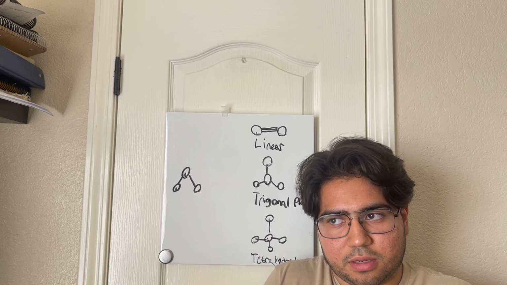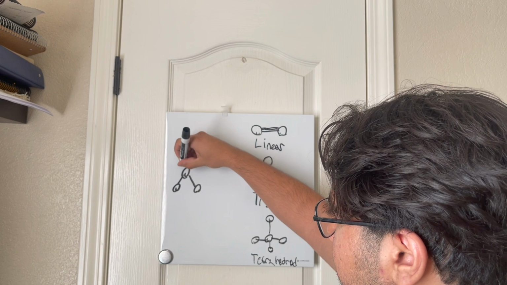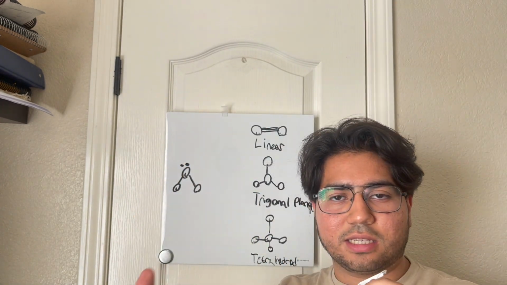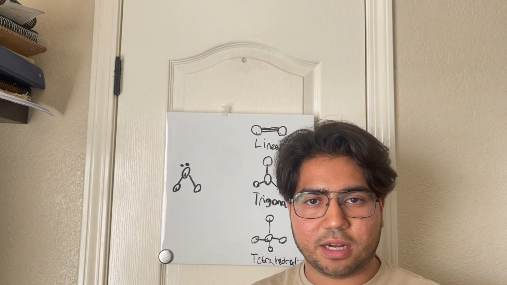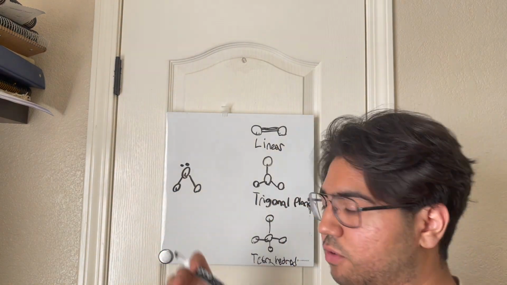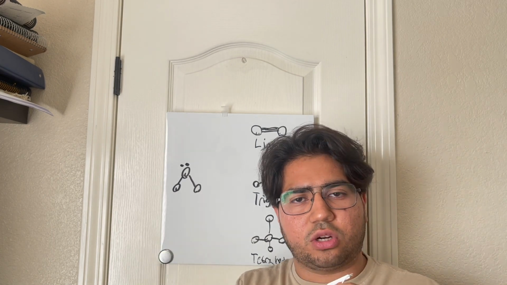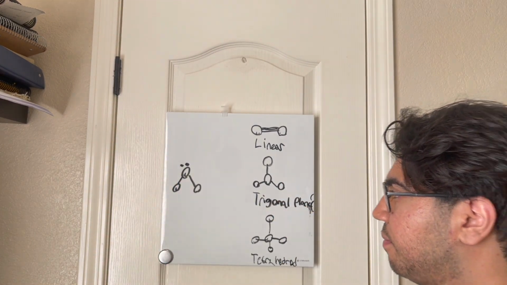So, no matter which atom you take away, if you take one away, it would take this shape, because these two want to be as far away from each other and as far away from the lone pair electrons, which is these two.